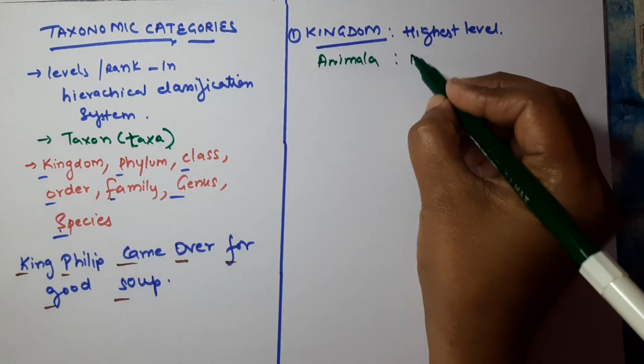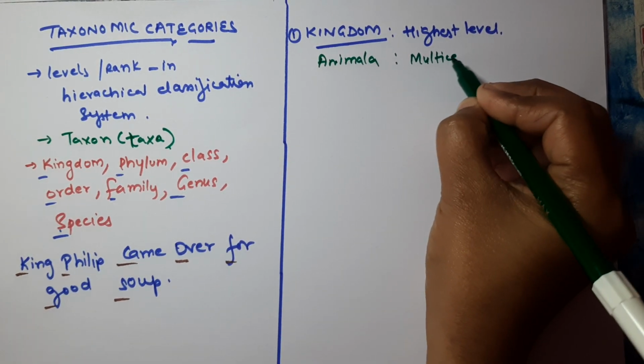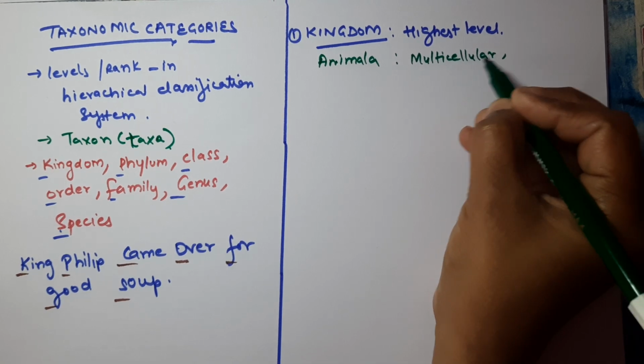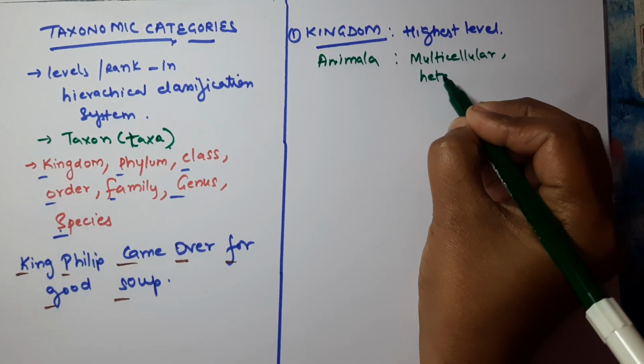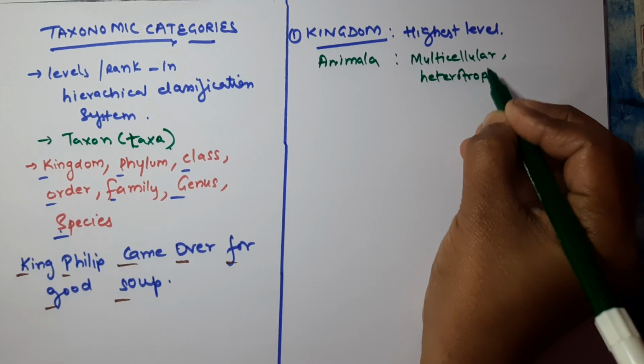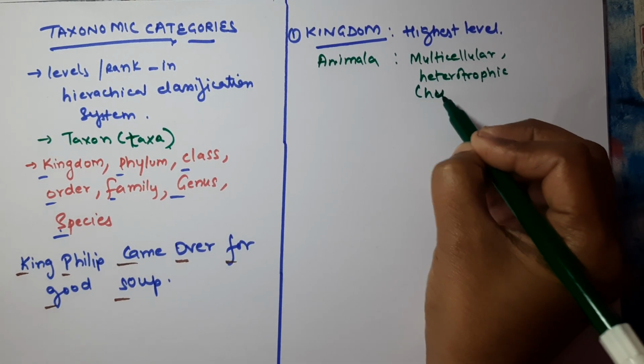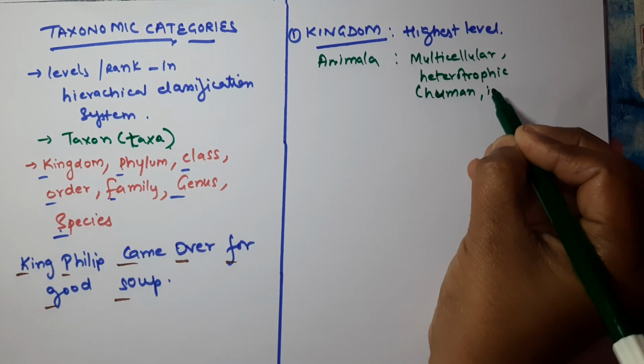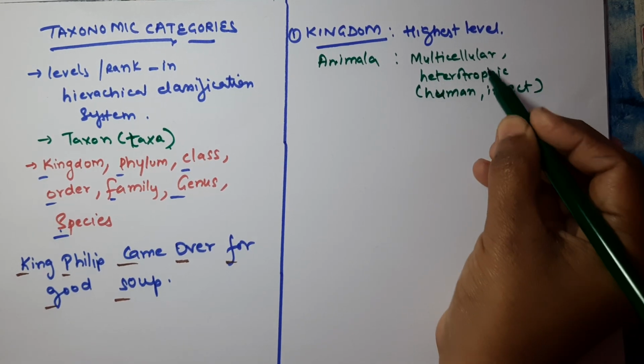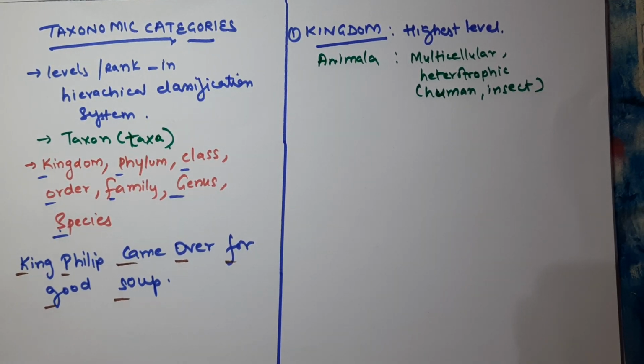So it will have the characteristic, that is multicellular and heterotrophic organism. So if you see a human or an insect, because we are multicellular and heterotrophic, we are put into the kingdom Animalia.